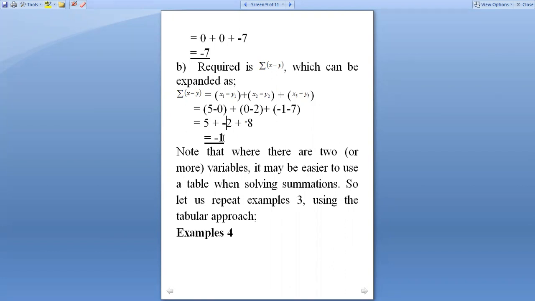Now, what is the right answer here? You have 5 plus minus 2 plus minus 8. What is the answer, according to your calculator, members? Negative 5. Negative 5.